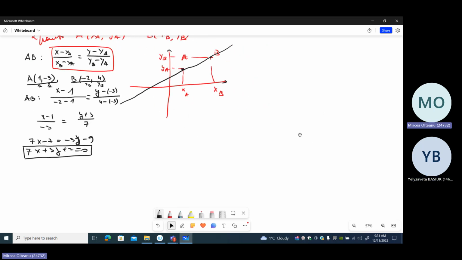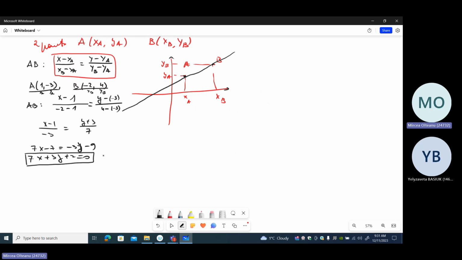Yes, it is. Okay, and now a question for you. Please compute the slope of this straight line. As I said, we usually denote the slope of a straight line by the letter m. The slope of the straight line AB, for example, call it m_AB, equals what?